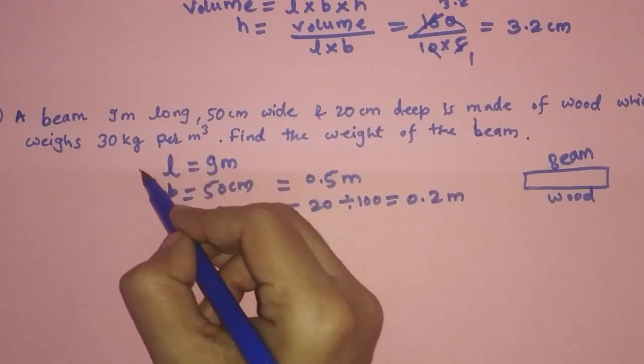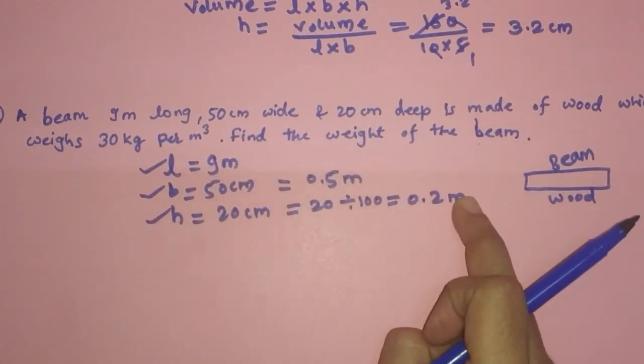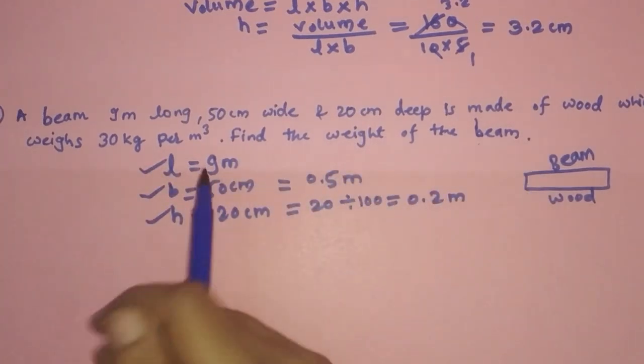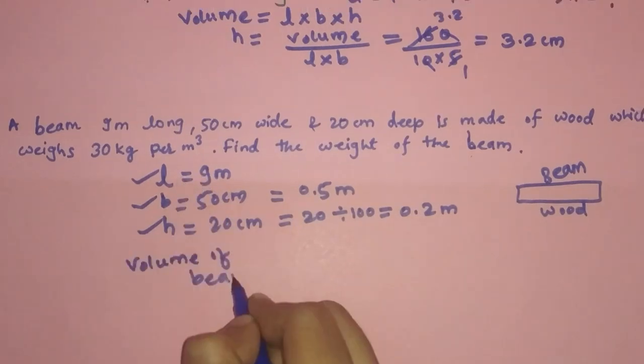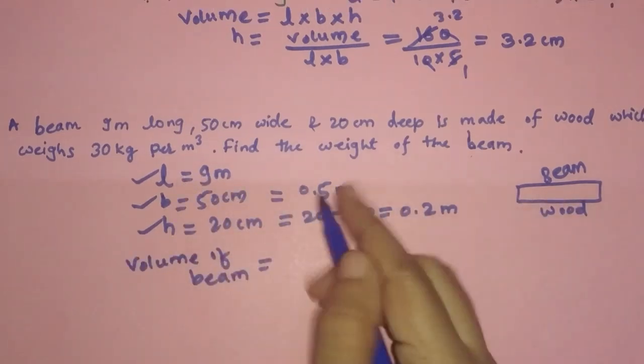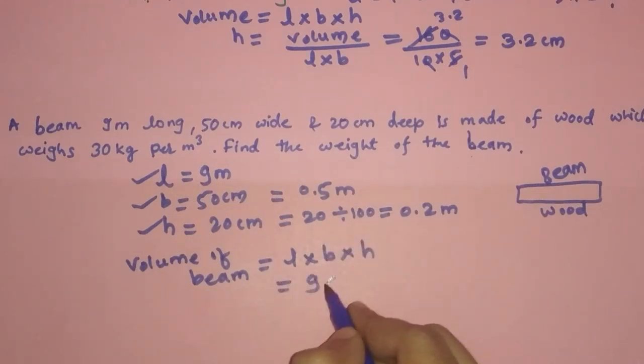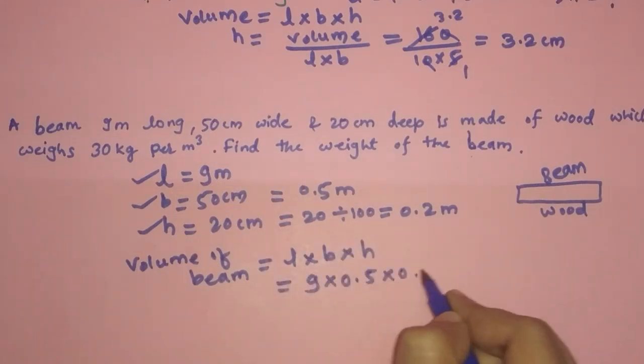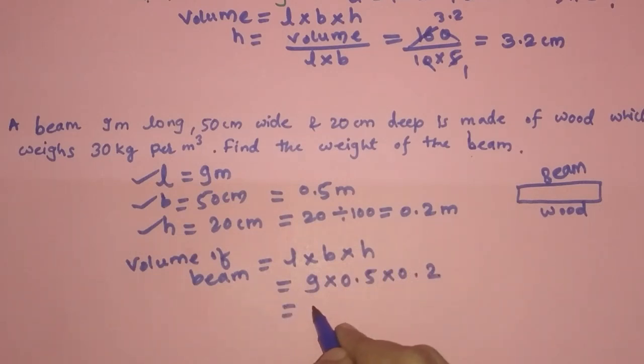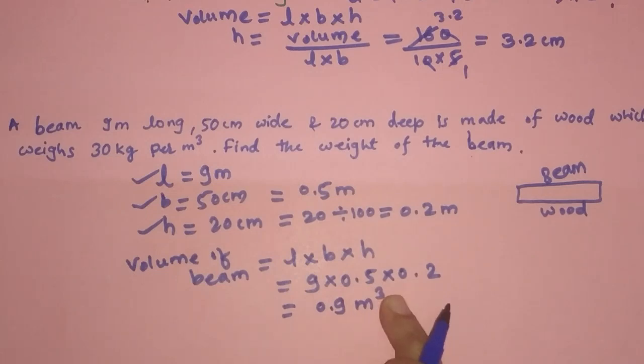So now all the dimensions are in meter. Okay friends, now we will find the volume of the beam, which is L into B into H. We'll just keep the values: 9 multiplied by 0.5 multiplied by 0.2. So we'll get 0.9 meter cube. All dimensions are in cubic meter.